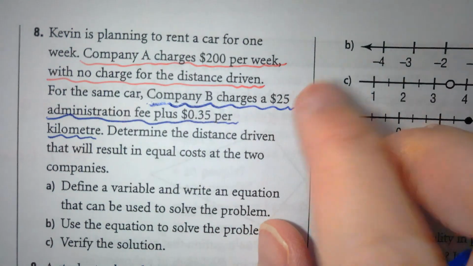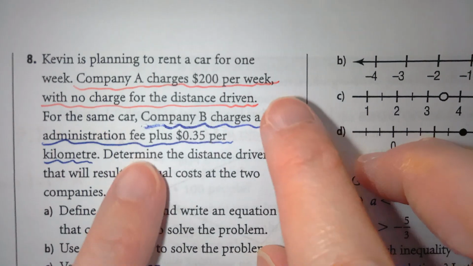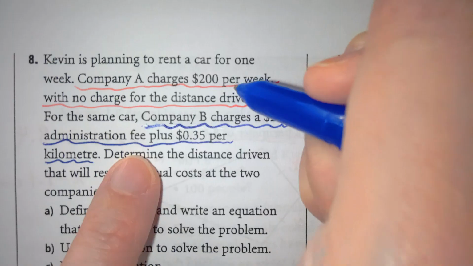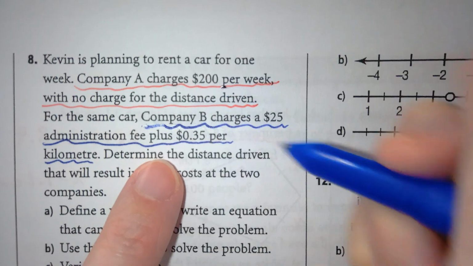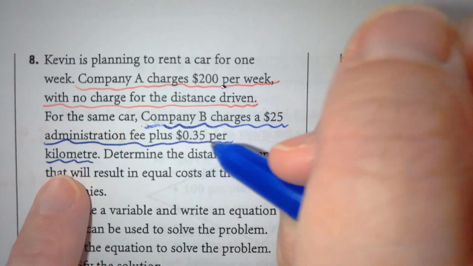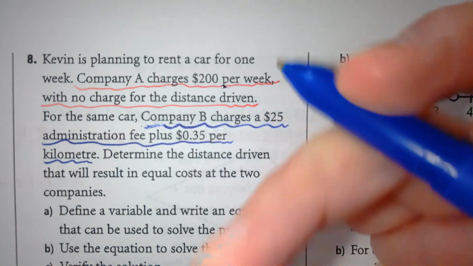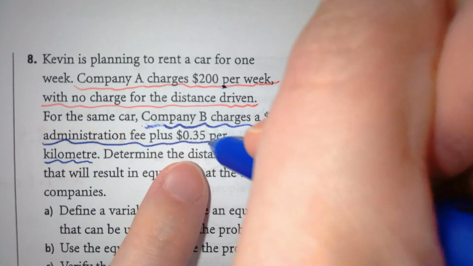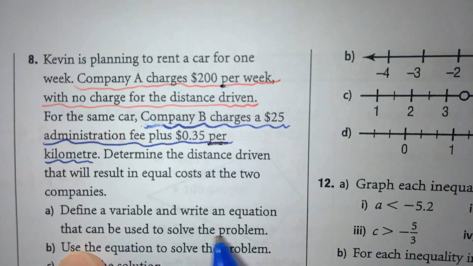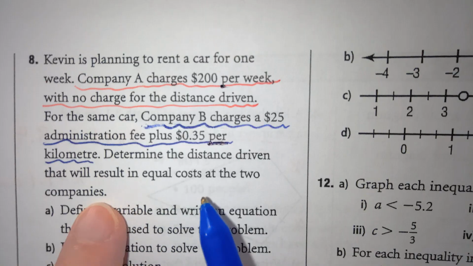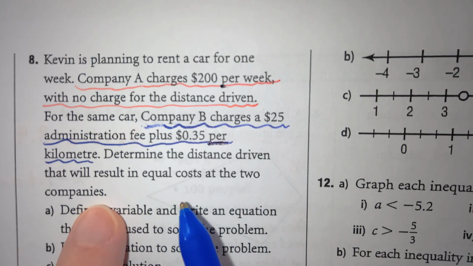What's tricky with this question is I see the per week, and then also the per kilometer. So I see two different pers right here. But the question here says define your variables and then write the equation and solve for when the cost will be the same for the two companies.